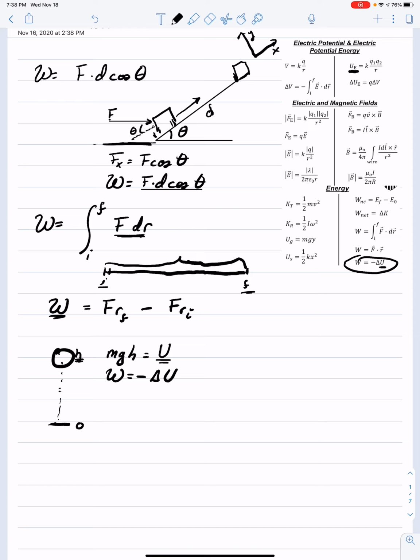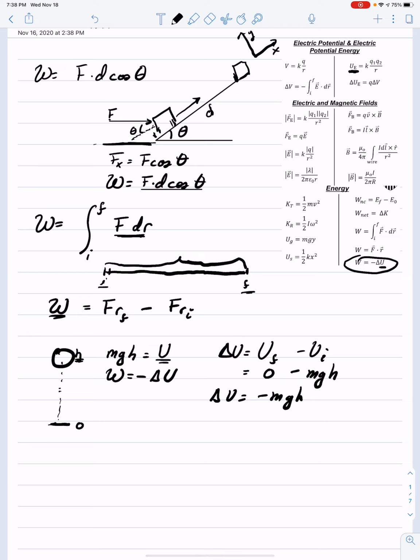And we can see it too. Let's say the change in potential energy is U final minus U initial. U final is 0 because once it drops, the height is 0. But then U initial is mass times gravity times height, and we are left with negative mass times gravity times height. That negative means that we are losing potential energy.